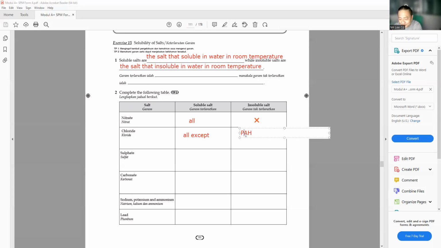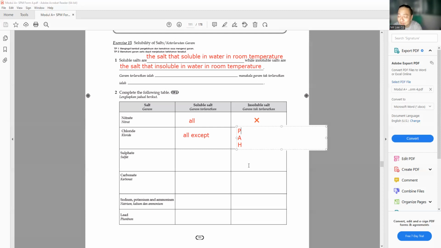You have to memorize. PAH. Help me, Pakatan Harapan. Right? Pakatan Harapan. Tomorrow I go and vote. I don't know what I'm voting for, I still don't know. But this one has a higher chance.